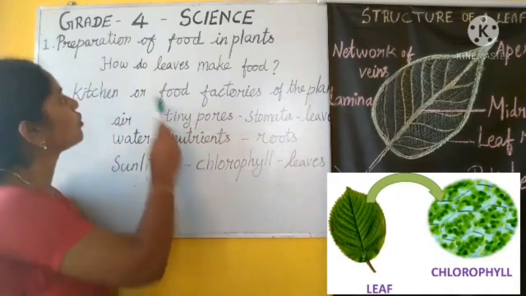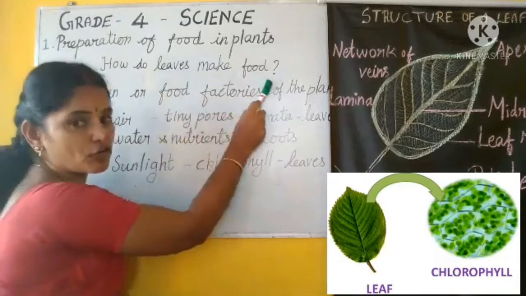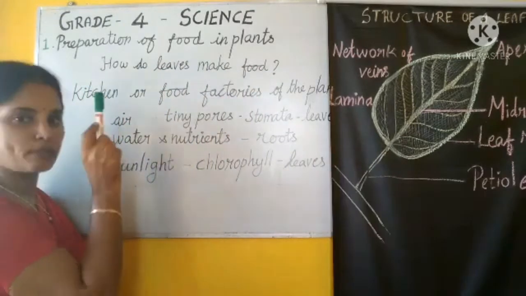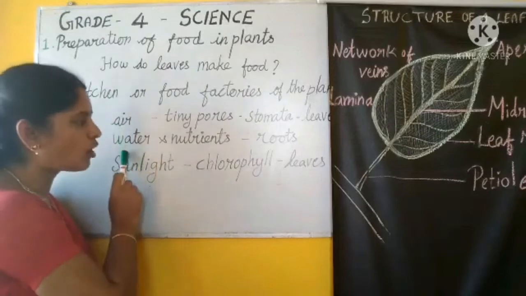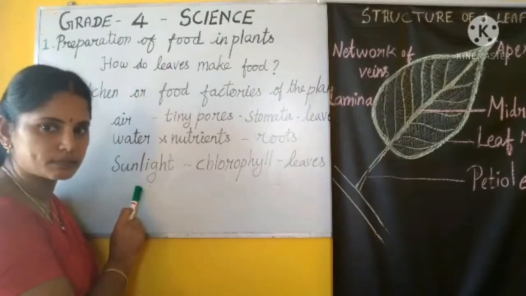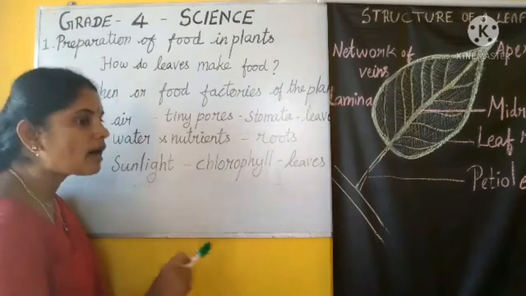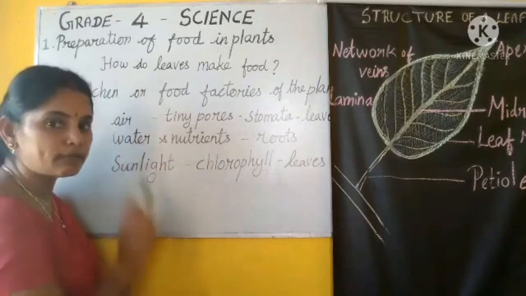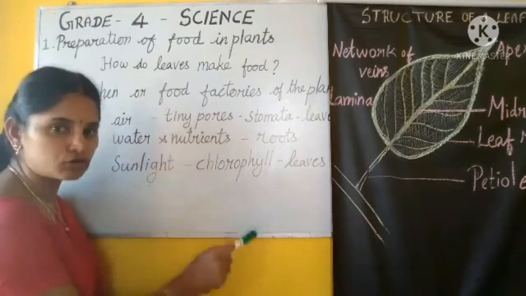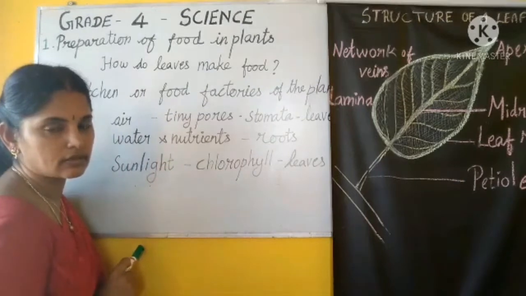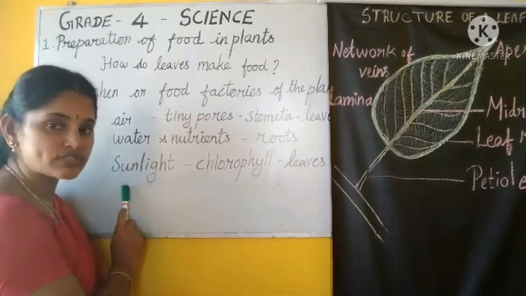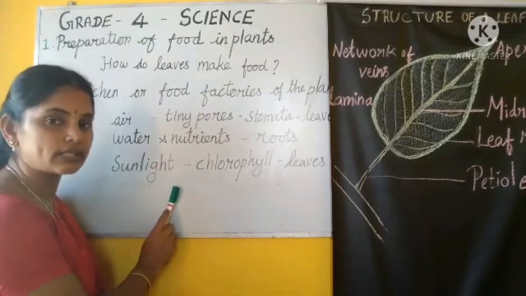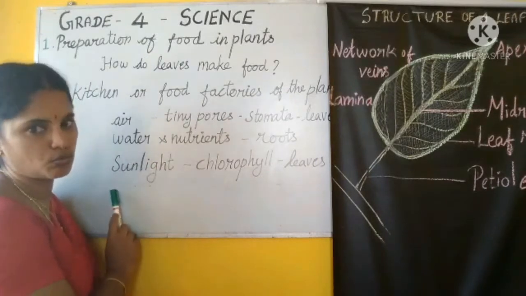Isn't it? So how do leaves make food? The leaves make food if air, water, nutrients and sunlight are present. That process is called photosynthesis. Are you clear, children? The presence of sunlight is very much needed for the leaf to prepare its own food.